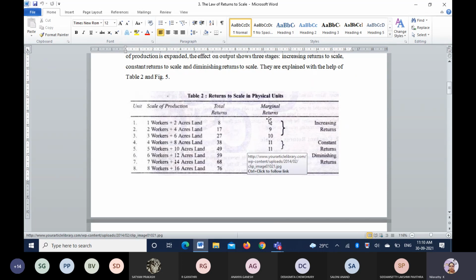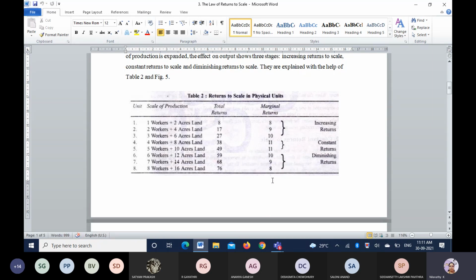When you calculate marginal returns, the first value you take as it is. The second value is the second value minus the previous value. So 17 minus 8 gives you 9. Again, 27 minus 17 is 10. Likewise, these are the marginal values.